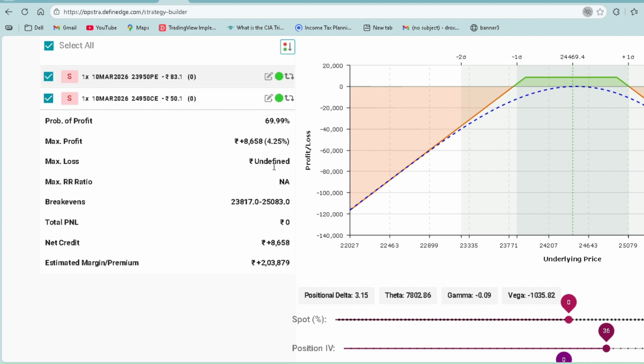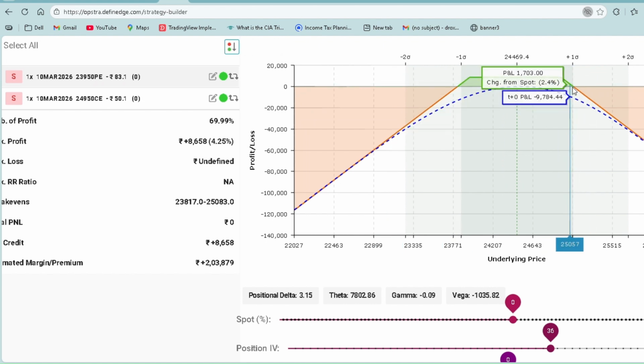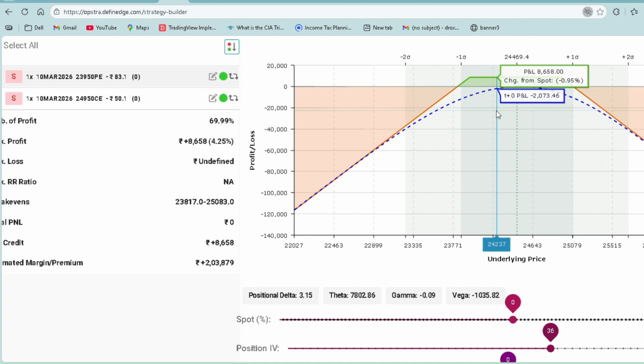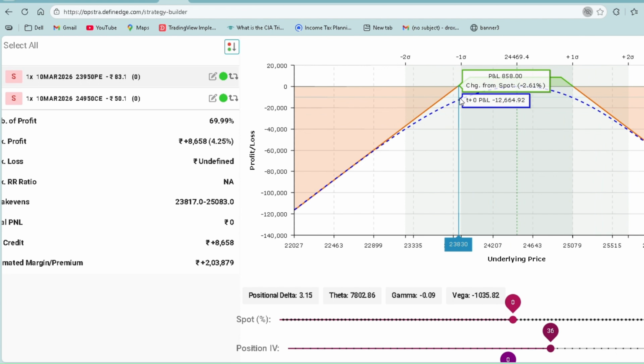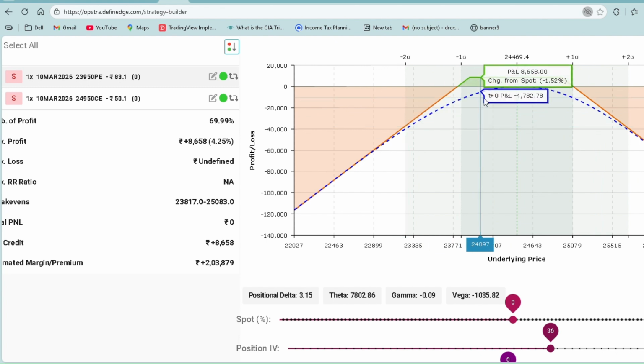If the market moves strongly upwards, beyond this point, a trader will incur loss. And if the market moves strongly downward beyond this point, that is 25,083, a trader will incur loss. But the trader's profit will decrease if it passes this zone.